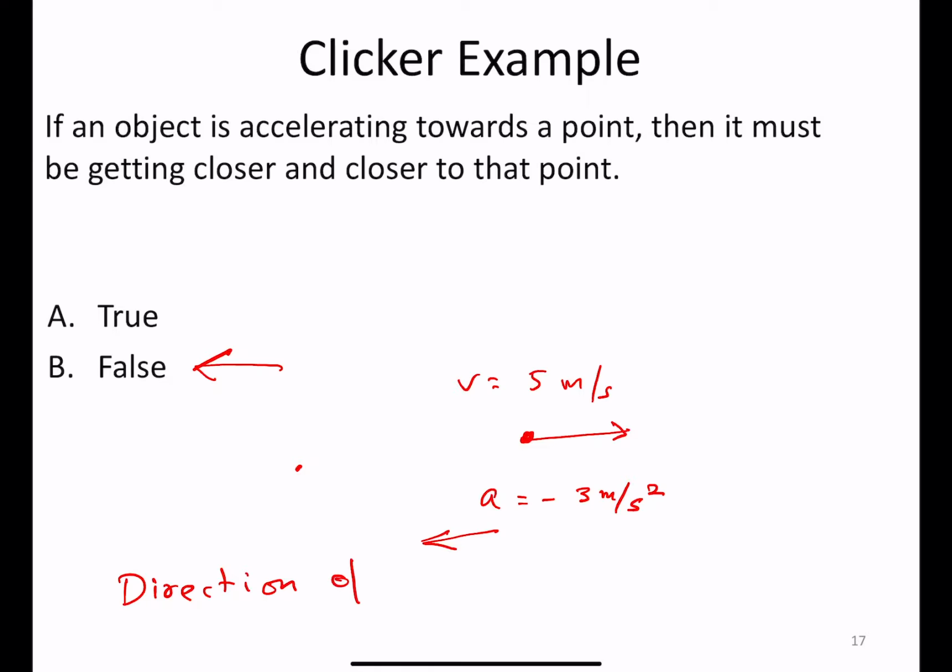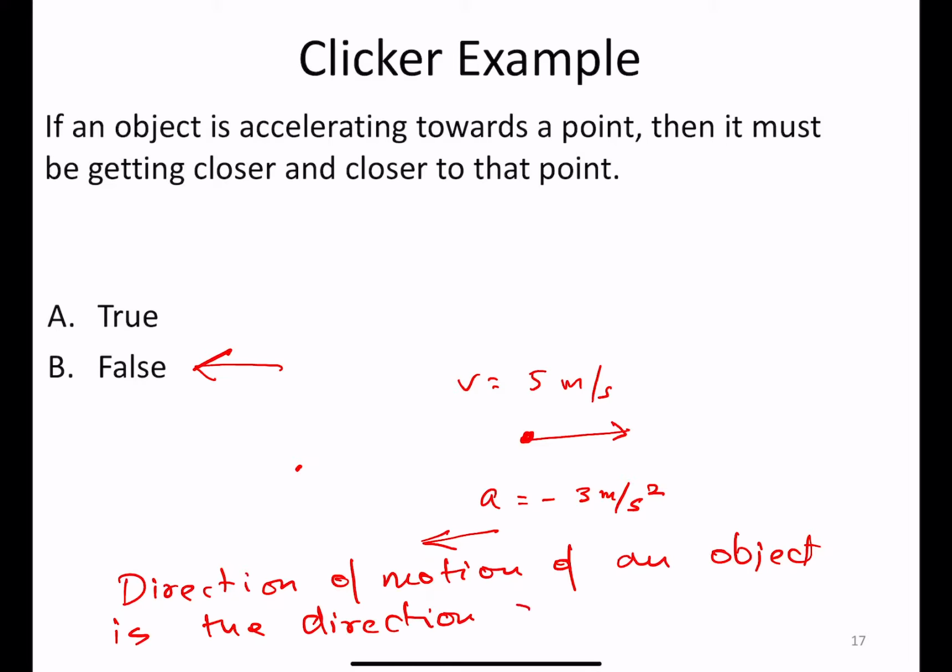The direction of motion of an object is really the direction of its velocity, not its acceleration, right? Okay, so an object does not necessarily have to move in the direction of its acceleration.